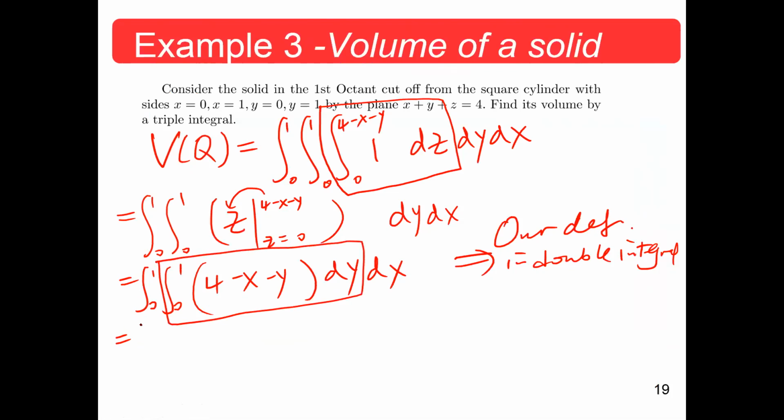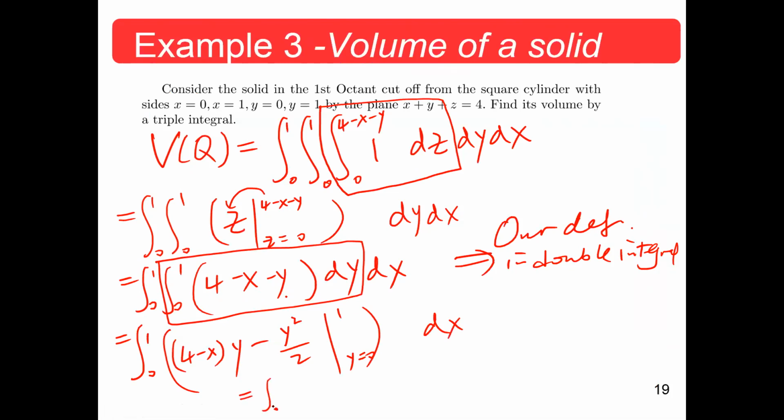So go 0, 1, dx, and the antiderivative with respect to y. Don't forget 4 minus x. The antiderivative will be 4 minus x, y, minus y squared over 2, and y goes from 0 to 1.